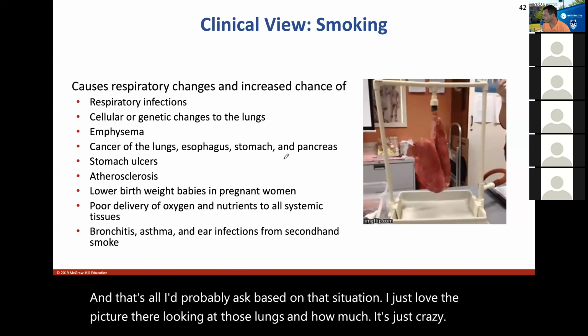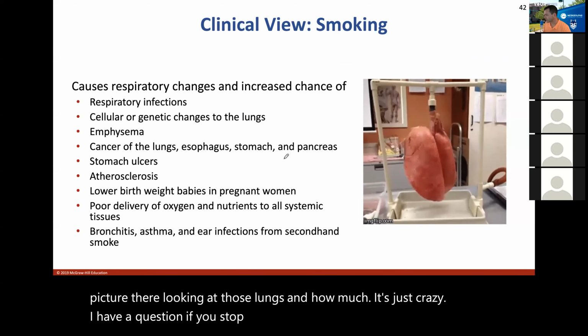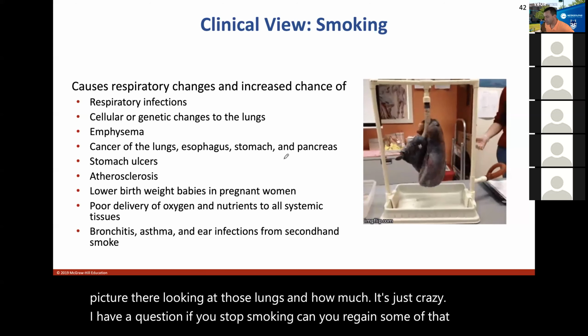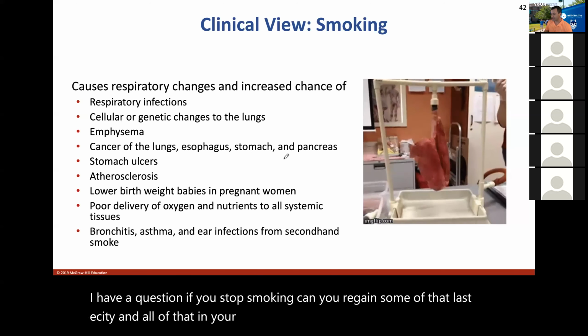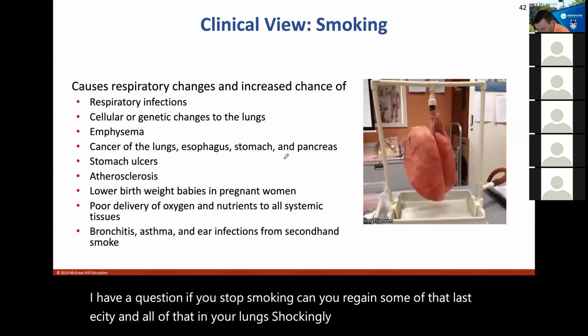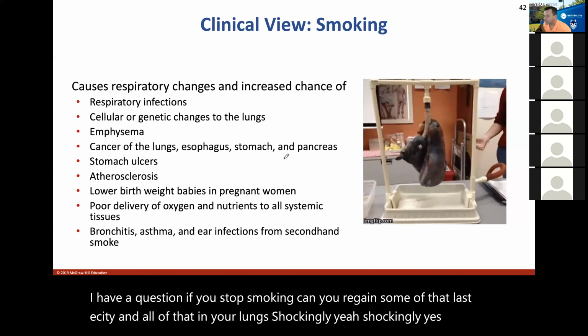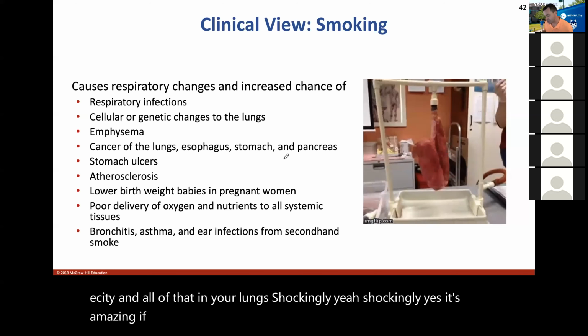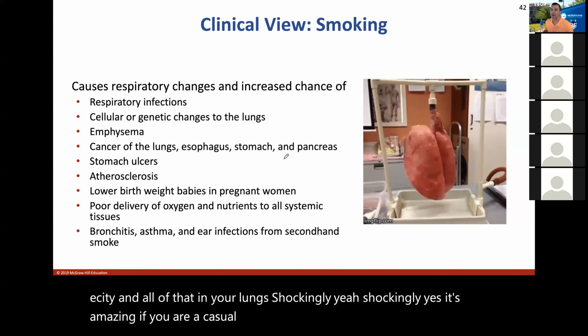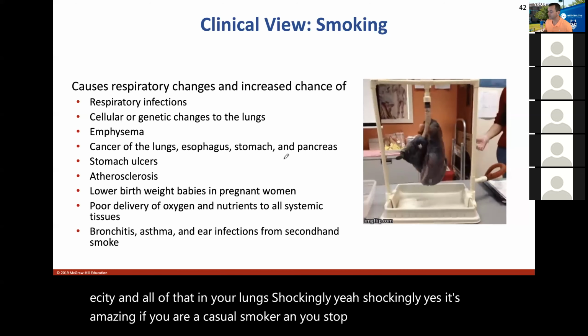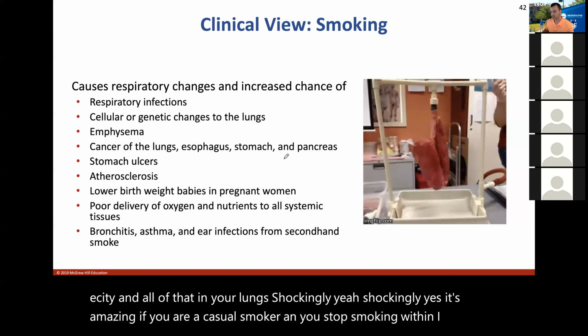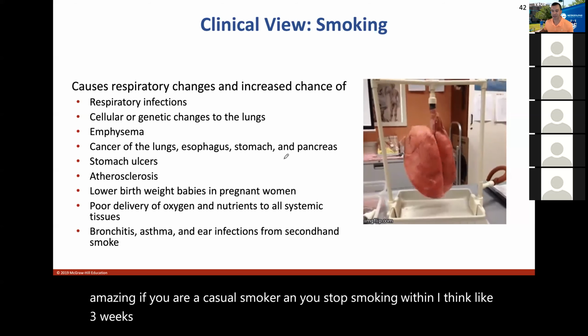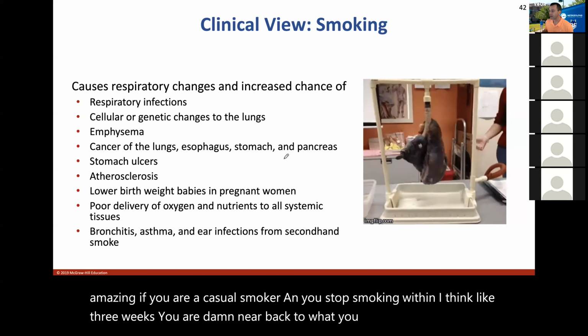I have a question. If you stop smoking, can you regain some of that elasticity in your lungs? Shockingly, yes. It's amazing. If you are a casual smoker and you stop smoking, within, I think, like 3 weeks, you are damn near back to what you were prior to. The lungs are pretty resilient in that regard.